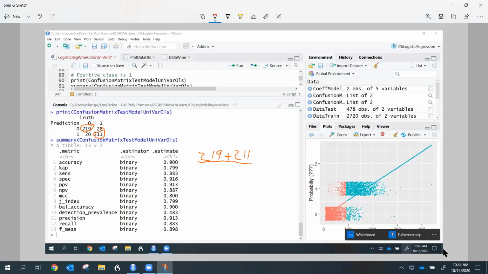We have in the test data set 478 records. You can see this here. And the result is we are correct in 90% of the cases. Pretty good.